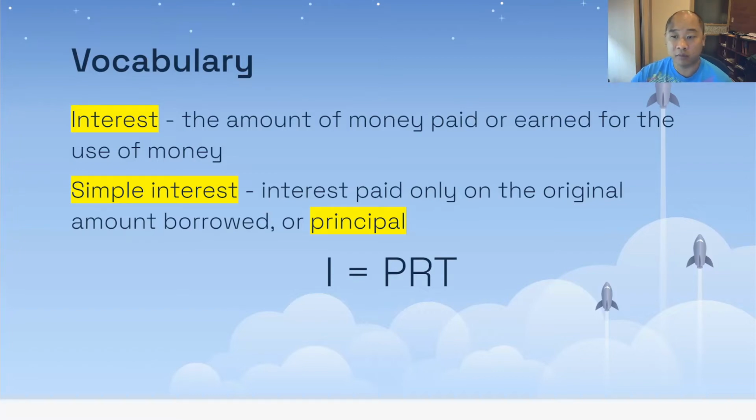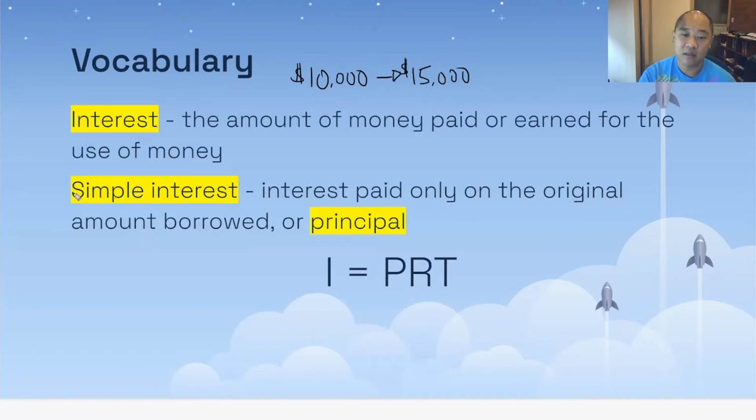So let's say you borrow $10,000. Well, when you pay the bank back, you don't pay $10,000 back. You might pay $15,000. And so this $5,000, that's more than $10,000, that's the interest. That's how the bank makes its money.